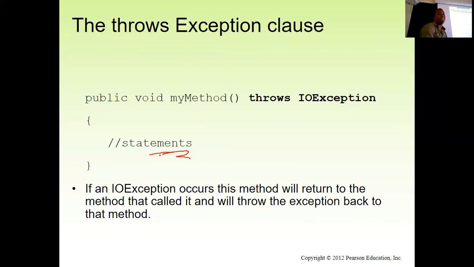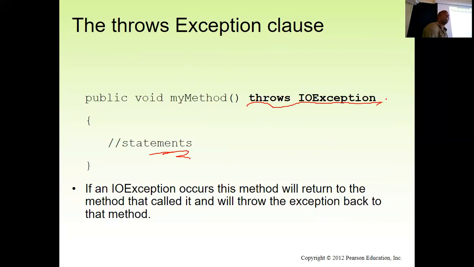You can basically tell the compiler that you know that there is an IO exception that might be generated here. And you can do that by using this special line of code, just using the word throws and the type of exception.